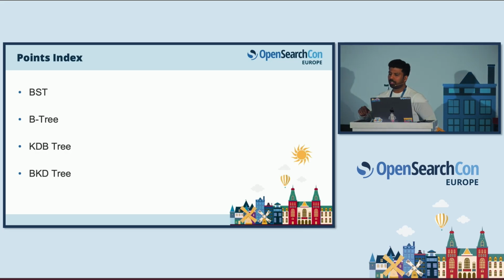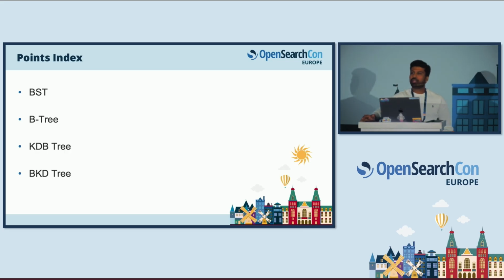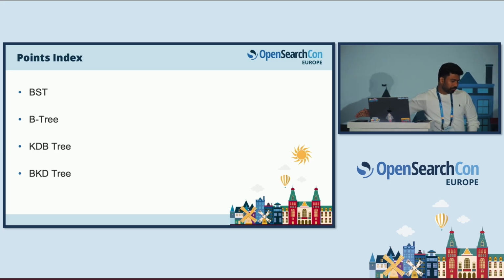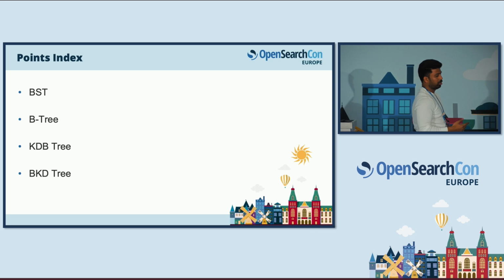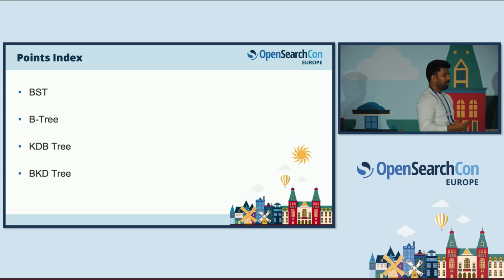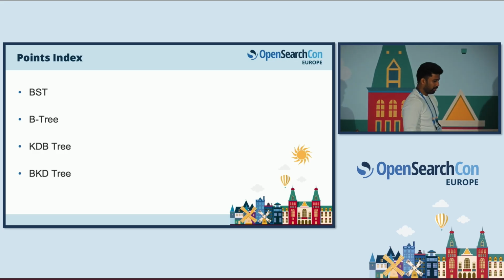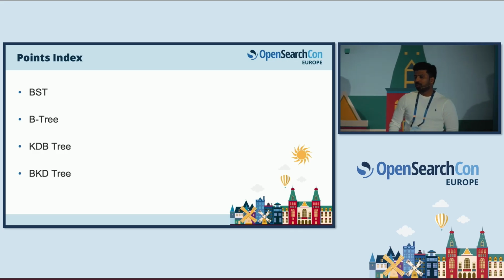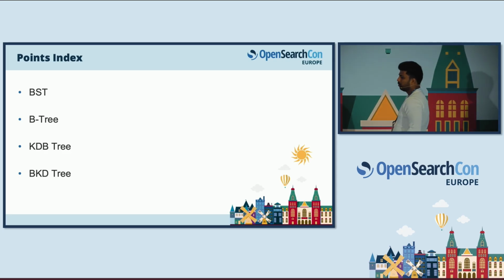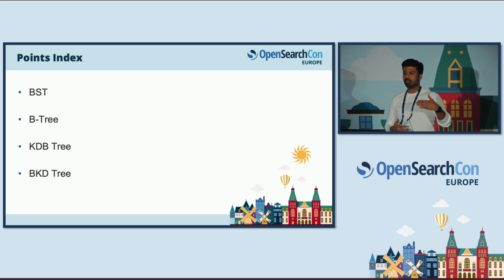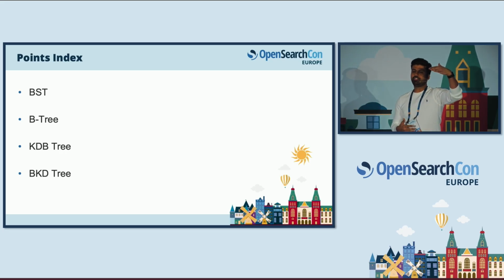From that, we can talk a bit about KDB tree, right? So KDB tree is a k-dimensional B tree. So let's say if you want to store geo points, or you want to store points in a 3D space, x, y, z coordinates, right? So one way to do that will be a k-dimensional B tree. So what you can do is, for example, on level 1, you partition on the basis of latitude.